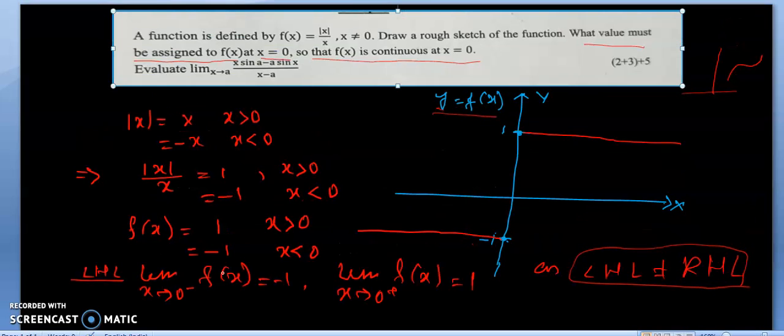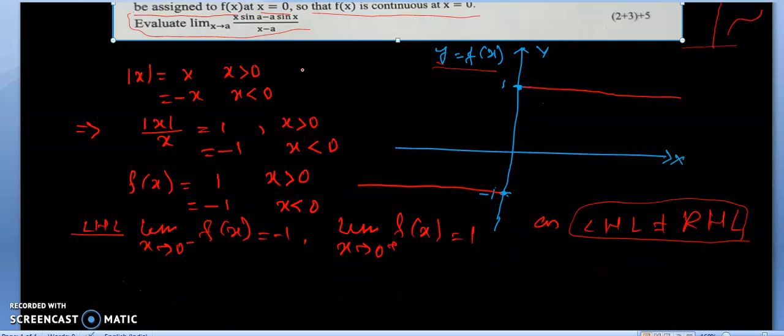This function can be extended to a continuous function at x equals 0 if and only if the limit exists. Because the left hand limit and right hand limit are different, the limit does not exist at x equals 0. That's why you can say that the function is not continuous at x equals 0 for whatever value of f(x).